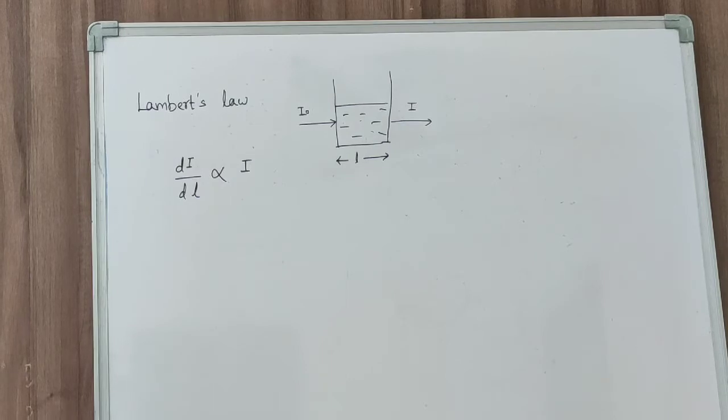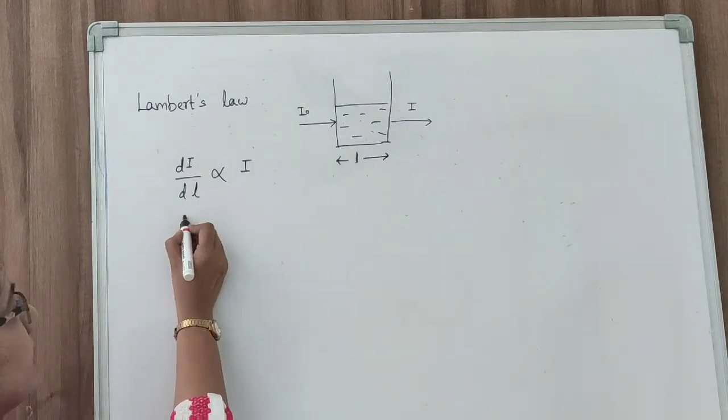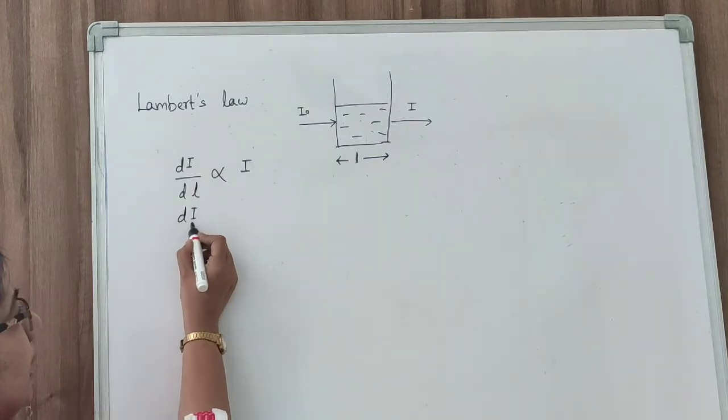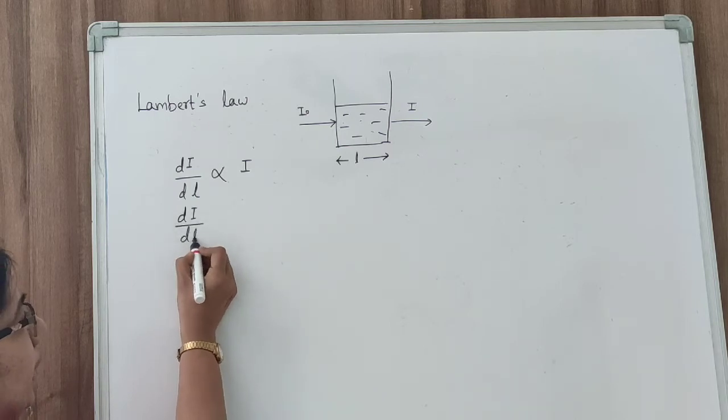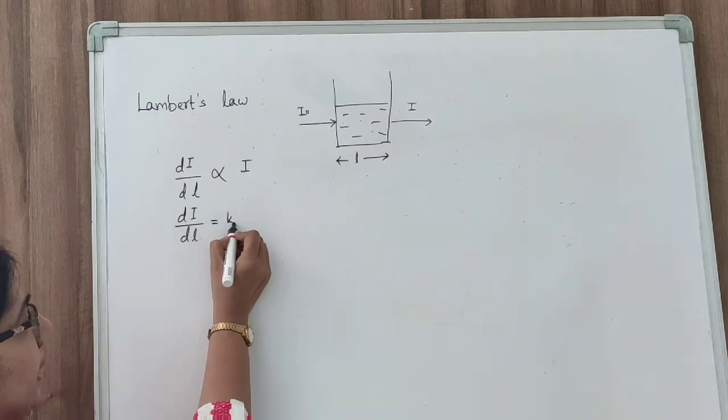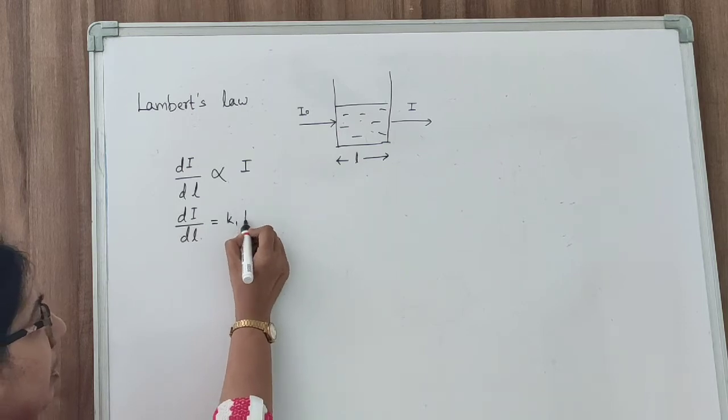We can replace this proportionality sign by dI upon dl is equal to, let K1 be the constant, times I.